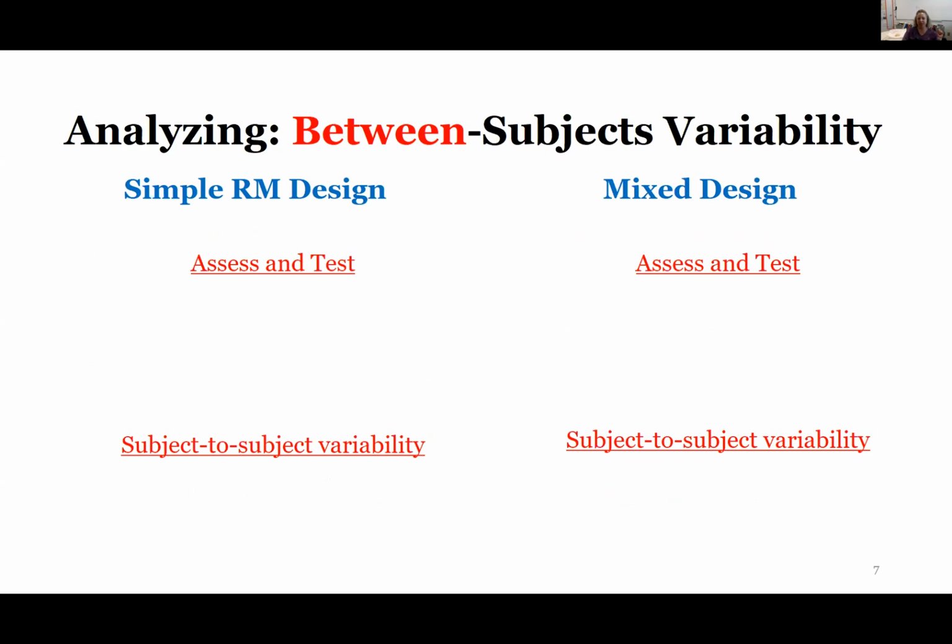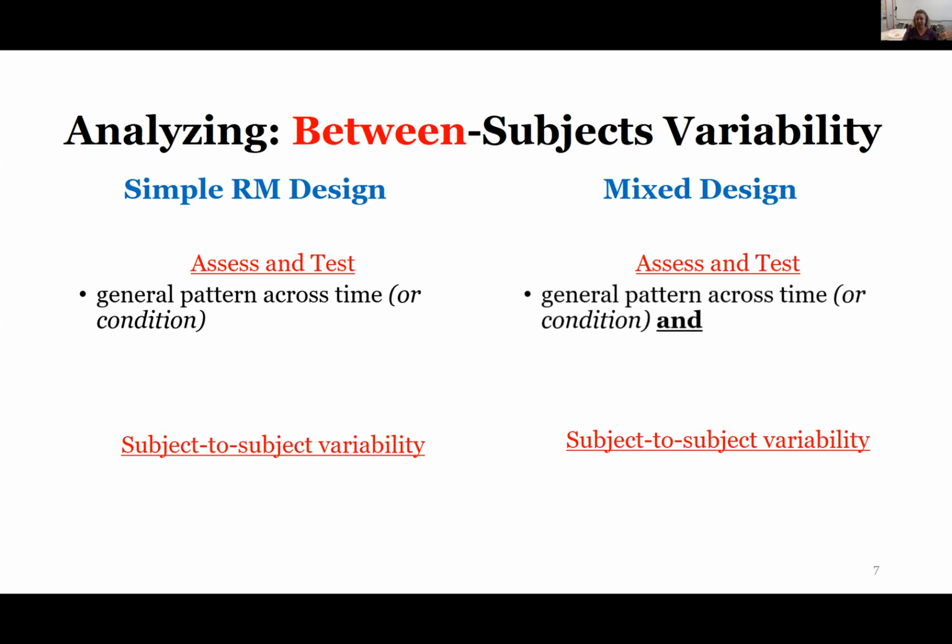When we did the simple repeated measures ANOVA, we had to know whether there was a general pattern across time. That's like the idea of sphericity. With a mixed design, we have that general pattern across time, and subject to subject differences are only due to the independent group.